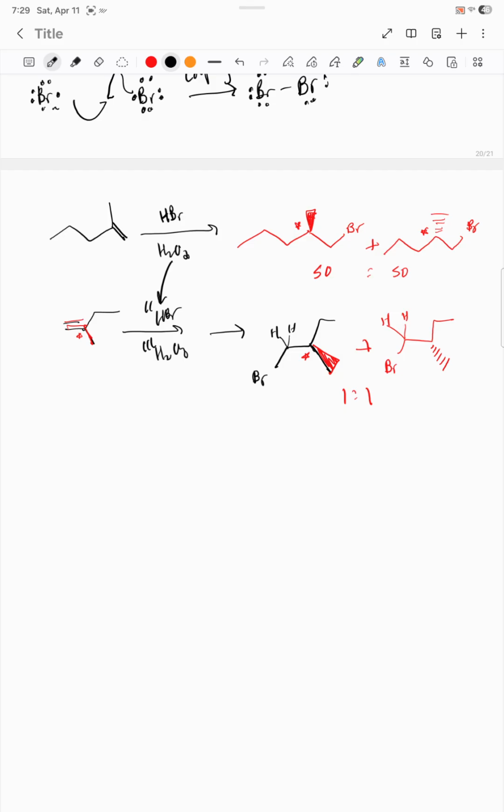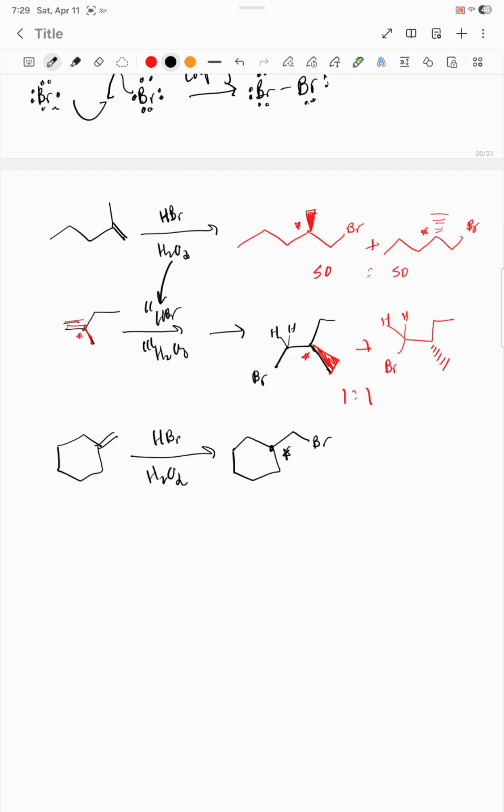Now, if we look at this molecule, I think we should get the pattern by now. React with HBr, H2O2. The answer to this is also Br like that, but this looks like a stereocenter. Is it not? Let's check. This looks racemic to me.